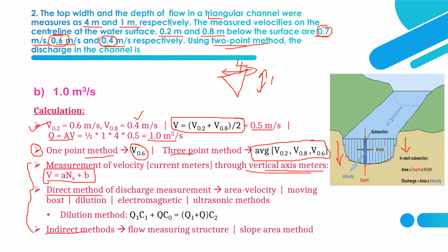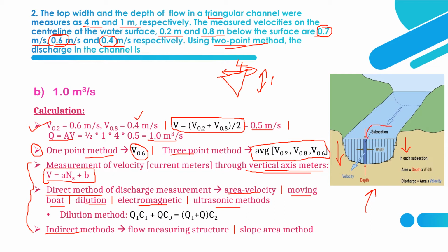There are methods of direct discharge measurement and indirect methods. In the case of direct methods of discharge measurement, we have the area velocity method, moving boat method, dilution, electromagnetic and ultrasonic methods. This diagram depicts the area velocity method.